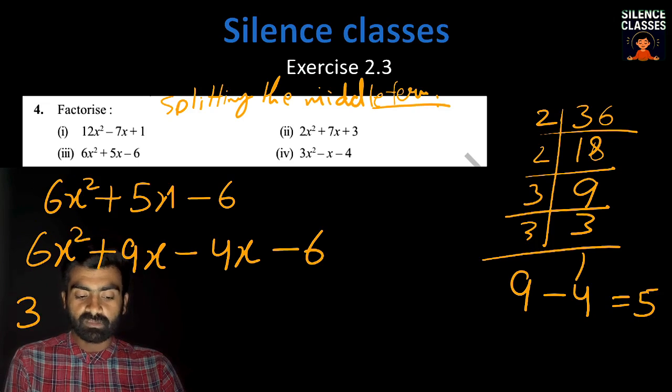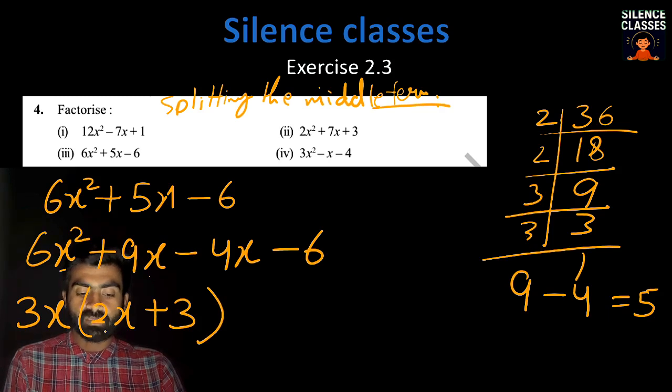So 3 2 just 6, and we can take x as common, because in both the terms x is there. So we will get 2x plus 3, 3 3s are 9, 3 2 just 6, x square, 3 3s are 9, and x. Over here what we have to take, we have to take the value common, by which we will get 2x plus 3 in the bracket.